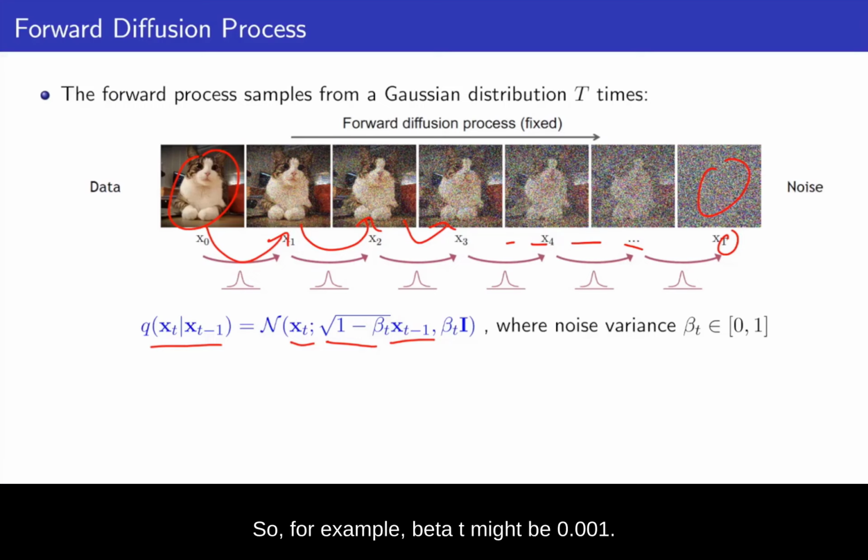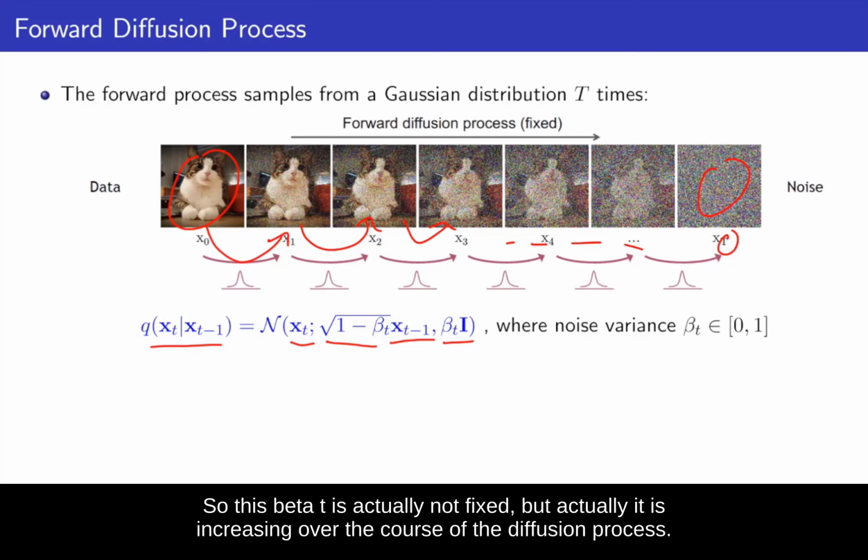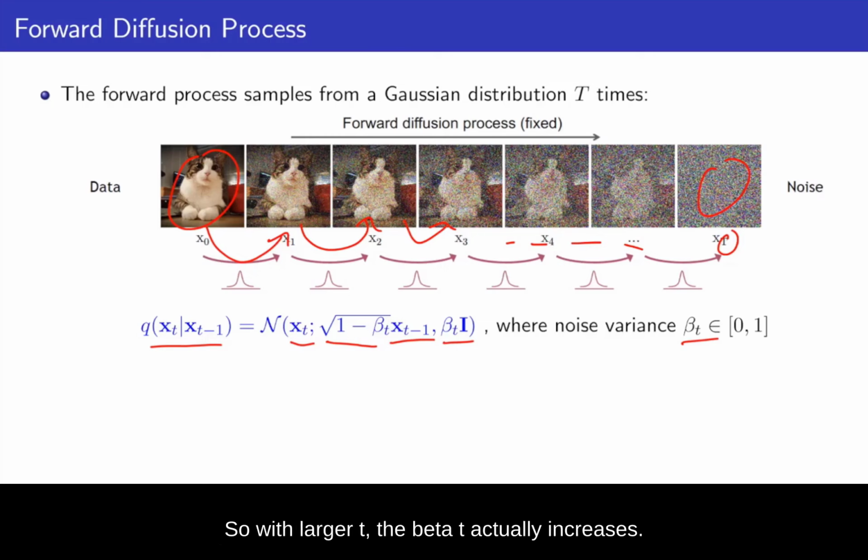For example, beta_t might be 0.001, and so you just add a little bit of noise and contract the previous x_{t-1}. But this beta_t is actually not fixed; it is increasing over the course of the diffusion process. So with larger t, the beta_t actually increases.